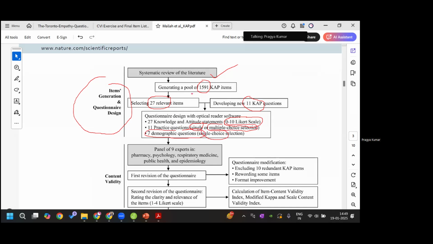After they have done this, they have made a panel of experts, which they have told also: pharmacology, psychology, respiratory medicine. In this case, since they have already generated the items, and then they have formed this expert panel, you can have it since the beginning also, and you can mention what kind of expertise you want from them and what all help you took from them.